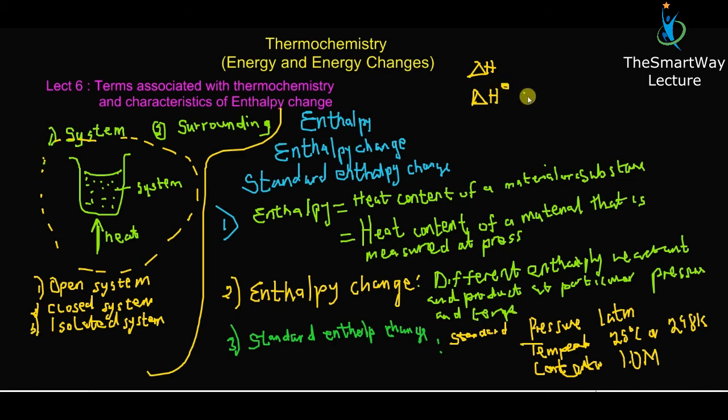So the symbol for standard, you see somewhere like theta on top, 0, just a 0 on top to indicate that this is standard enthalpy, and this is just enthalpy change.